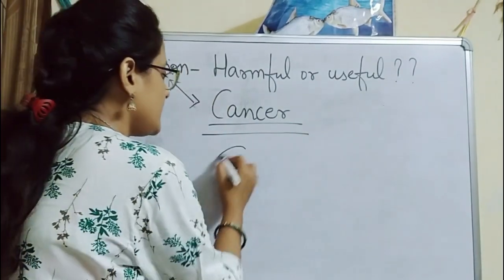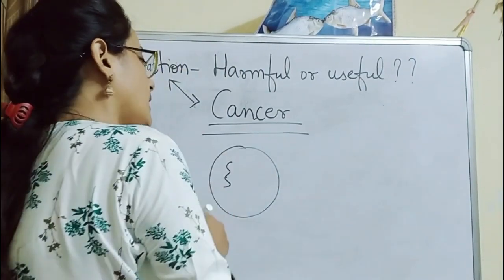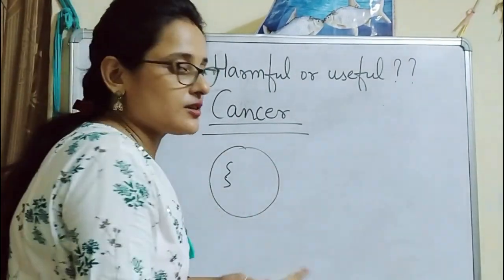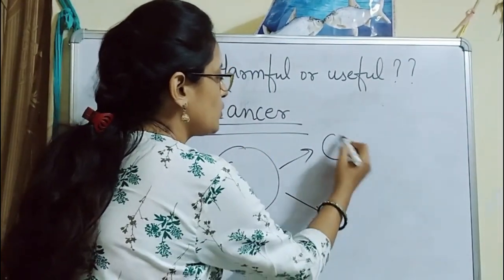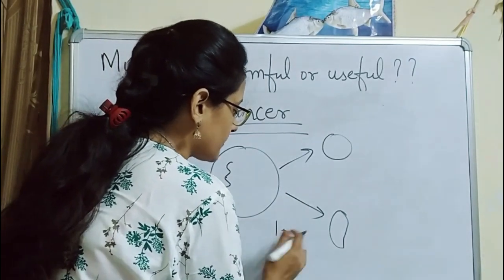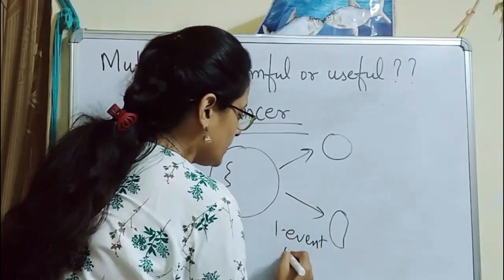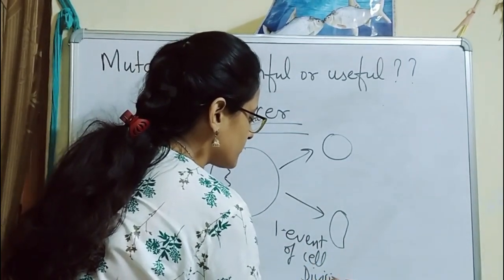How? Every cell has a few genes which control the number of cell divisions. Suppose this is a parental cell, it will divide to form two daughter cells. So this is one event of cell division. This event of cell division is controlled by many genes.